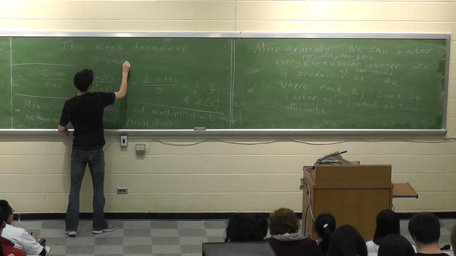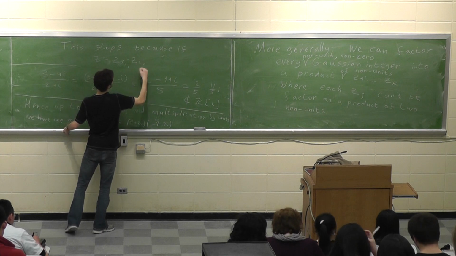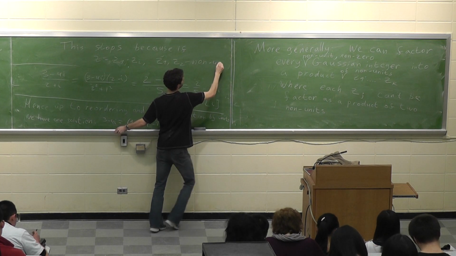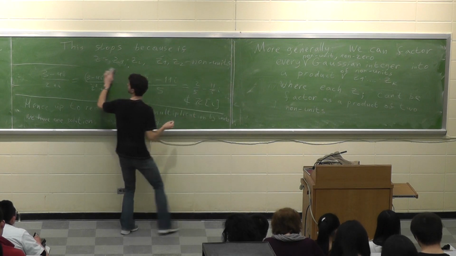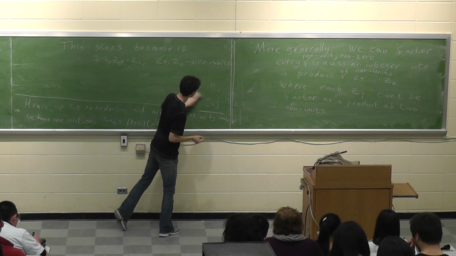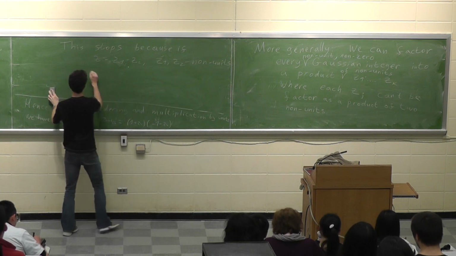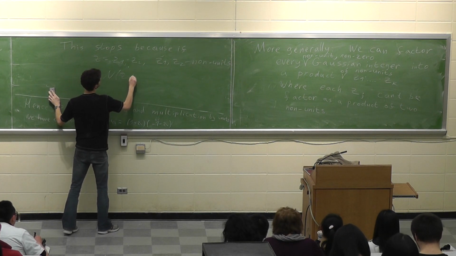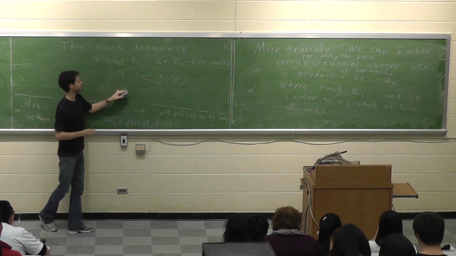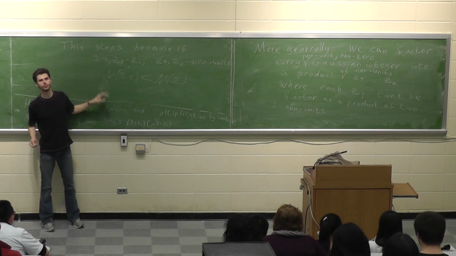The algorithm stops because if z is a product of z1 and z2, and z1 and z2 are not units, then the norm of z1 is strictly smaller than the norm of z, because the norm of z1 times the norm of z2 is the norm of z.